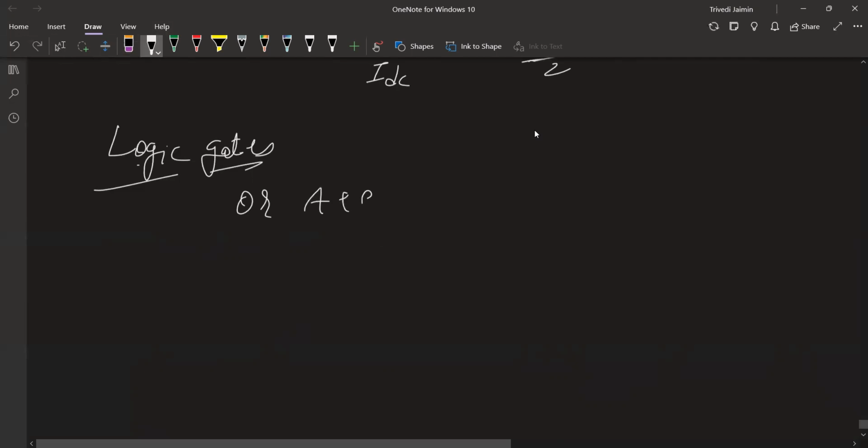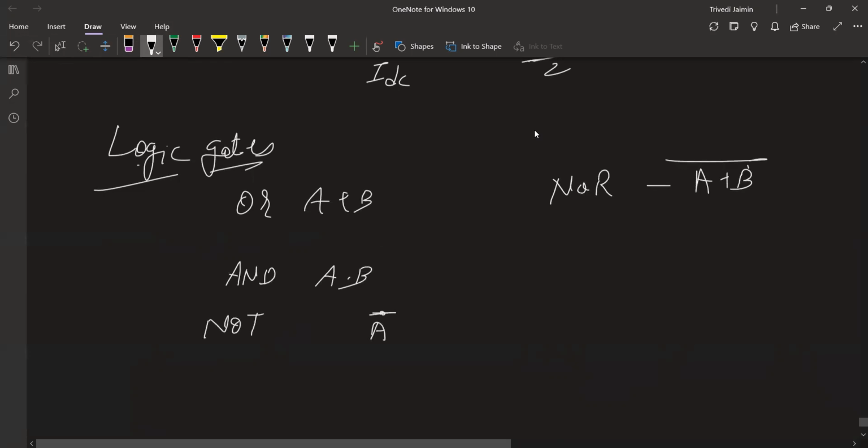OR gate and NOT, OR bar, NOR, and AND. This was a combination of these three.